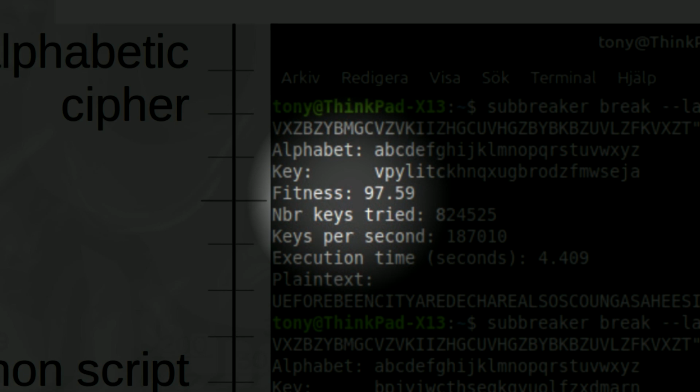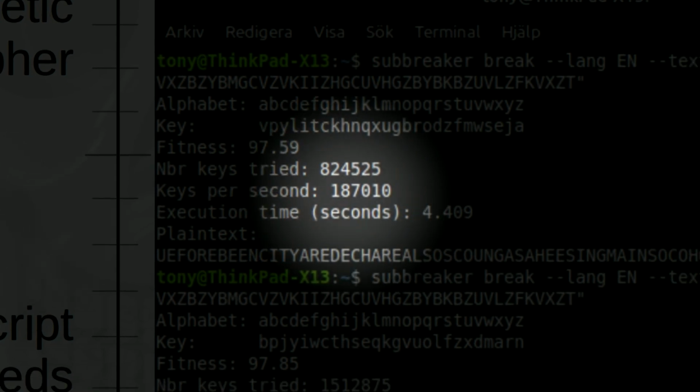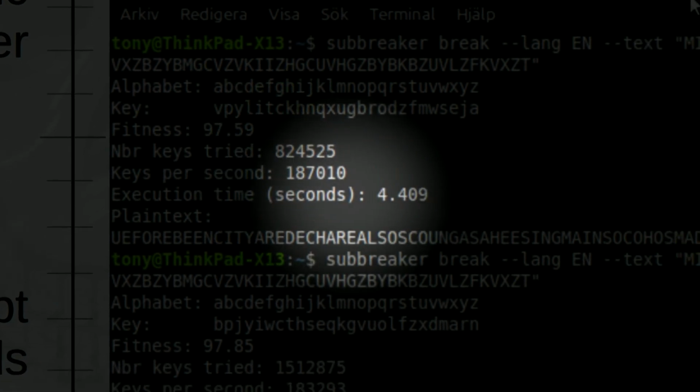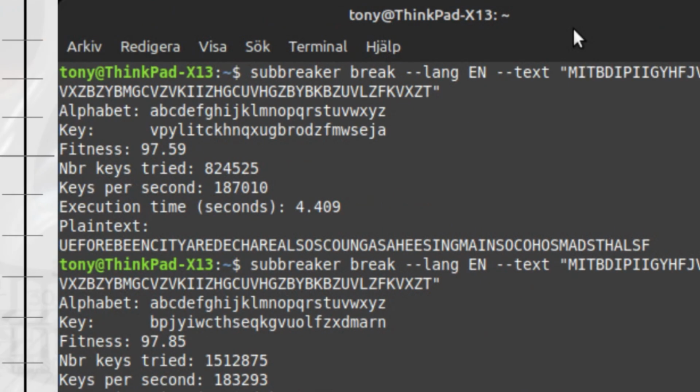And as you can also see here, in this very short time, 4.4 seconds, this script tried 824,525 different keys. It was able to try 187,010 keys per second. But it was still wrong, and I can see that it's wrong because it doesn't look quite right. You see, it doesn't make any sense.